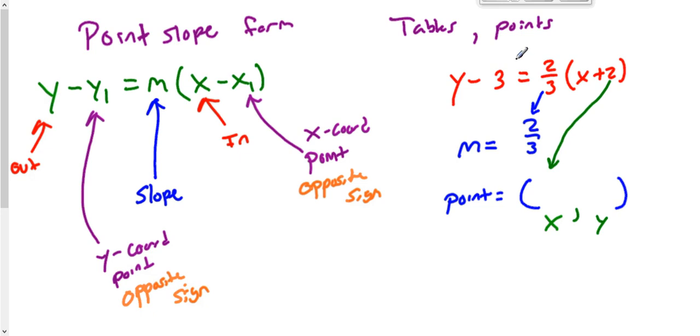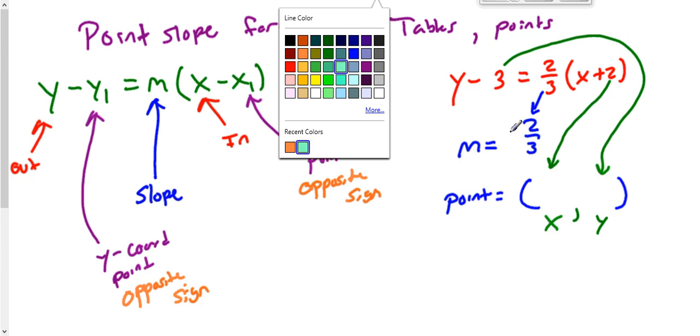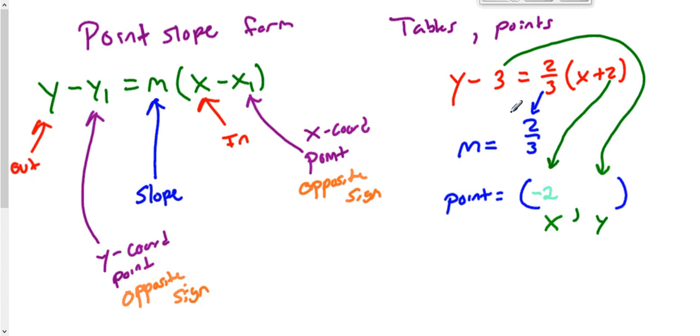So the 2 would be here, the 3 would go here, but we have to take the opposite sign. So the opposite of the 2 would be -2. Opposite of this -3, +3.